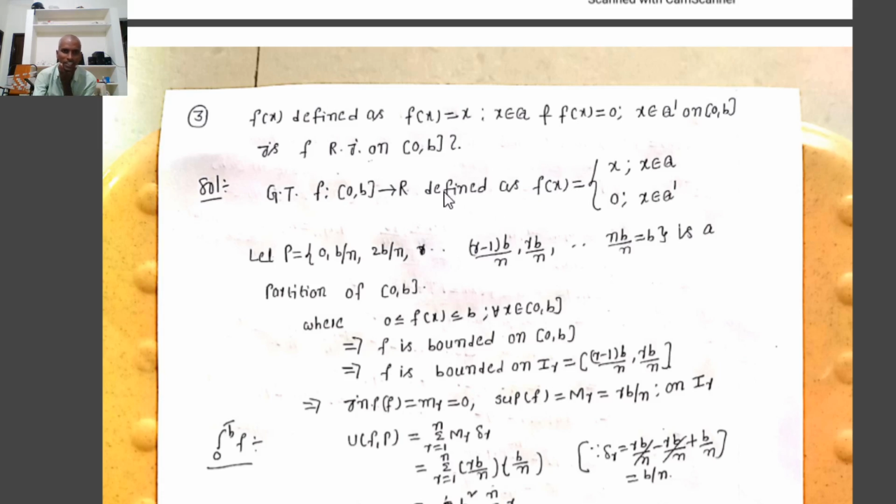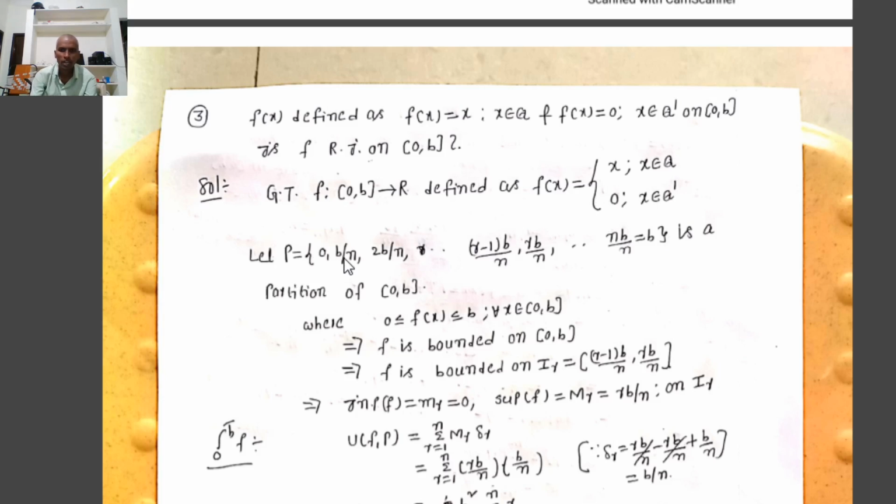Now we have to verify whether the function f is Riemann integrable or not on the closed interval [0, b]. Given that f from [0, b] to R is defined as f(x) = x such that x belongs to Q, 0 such that x belongs to Q'.